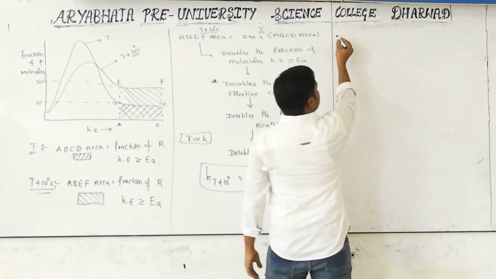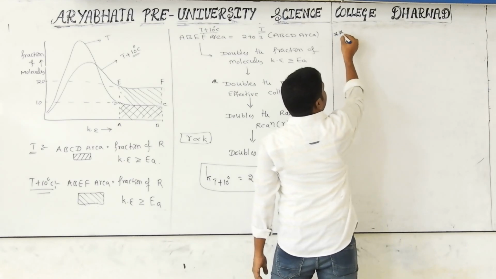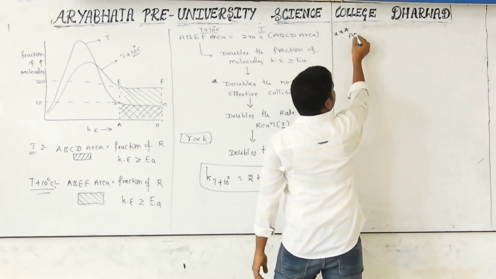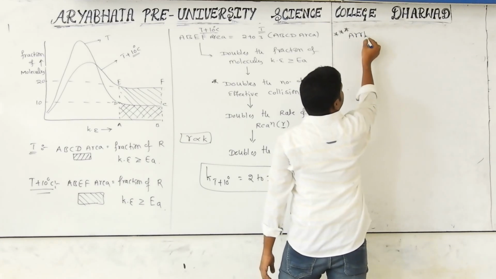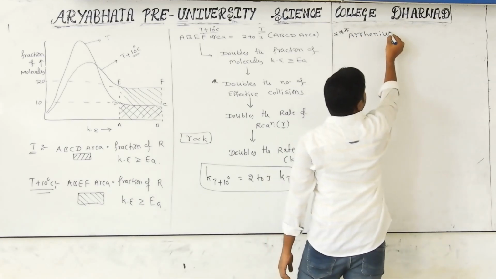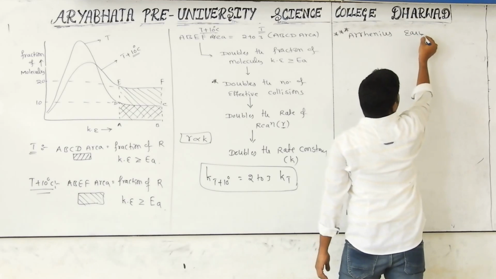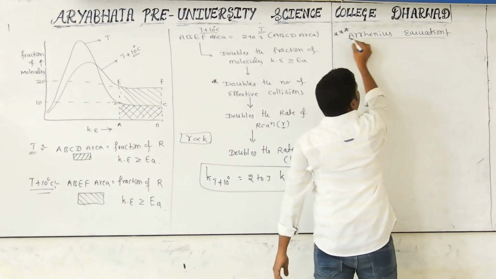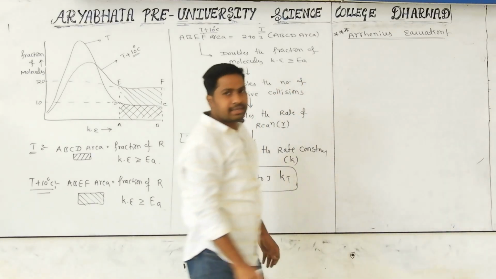Now, in the March examination 2020, he asked this question only. That is the Arrhenius equation. What this equation is, we will discuss everything. Arrhenius is one of the scientists.